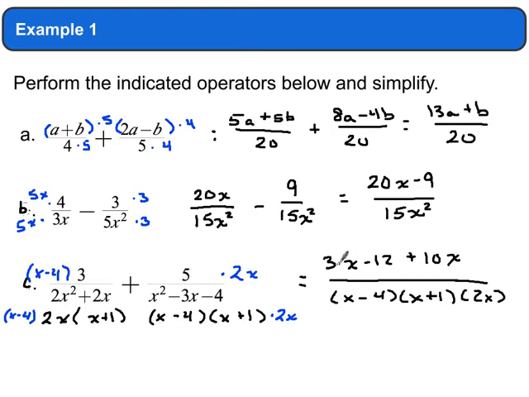And then 3x plus 10x is 13x. So my final answer is 13x minus 12. And that's over my common denominator, which I don't have to multiply back together. Just leave it as the factors that they are, and then call that a day.